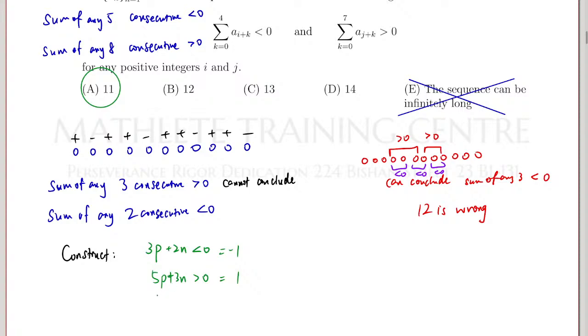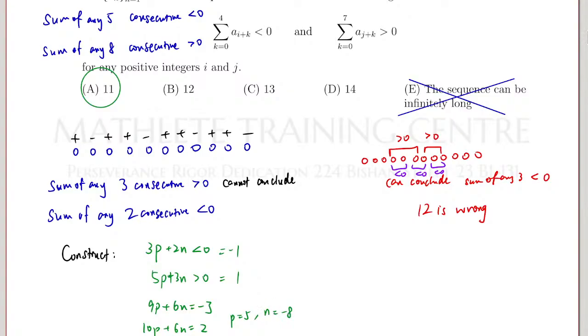So I take 3 copies of the first one, 2 copies of the second one, and combine them. Then 9p plus 6n is negative 3, 10p plus 6n is 2. So then p is supposed to be 5, and if you look back at n, you will see that n will be negative 8.